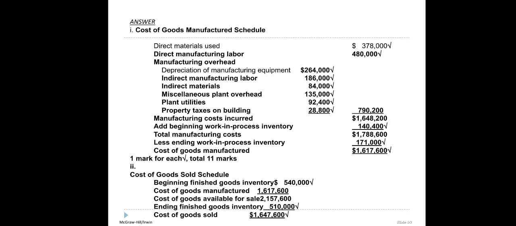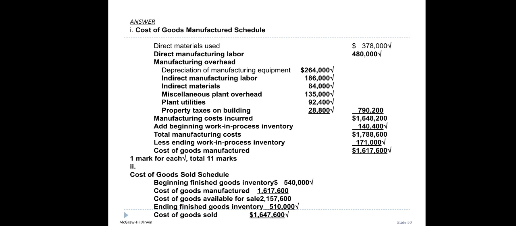So you add these three costs, the direct material cost, direct labor cost, and overhead cost. You will get a total. The name of the cost is manufacturing cost incurred. The total is 1,648,200. That is the manufacturing cost incurred.